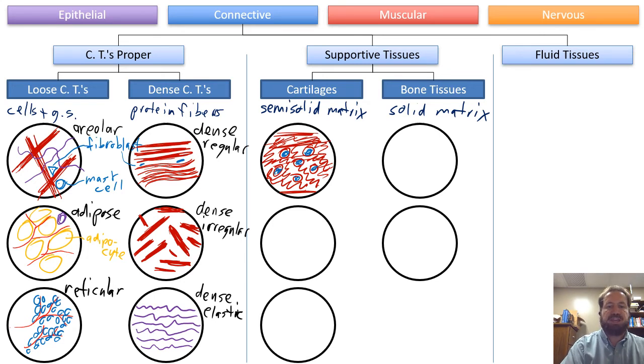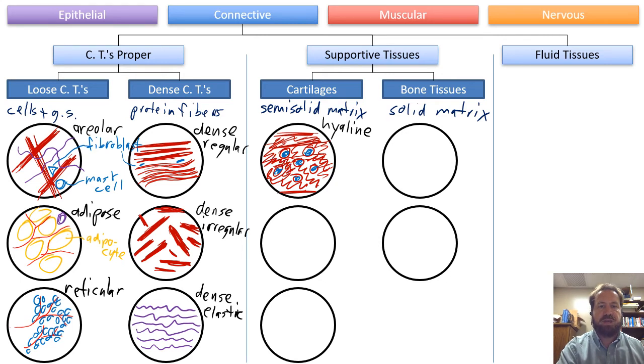Okay, so the basic type of cartilage is called hyaline cartilage. Hyaline means glass, so this is a glassy cartilage. If you were to hold up a piece of hyaline cartilage, it would look sort of like frosted bathroom glass that you can't quite see through, but it has that glassy appearance.